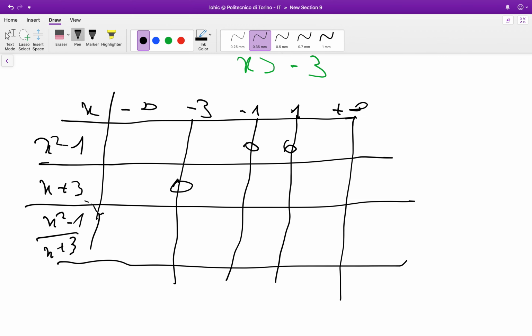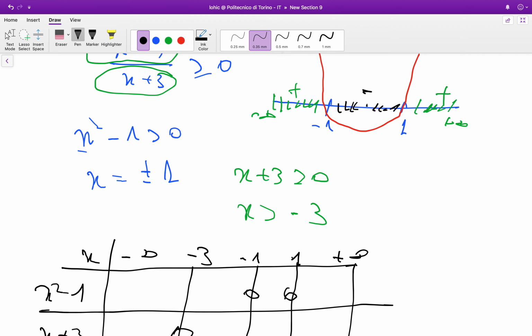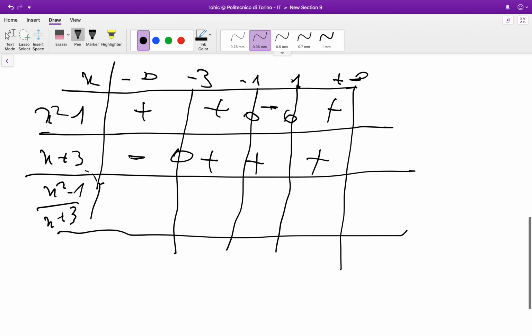I remind you that x squared minus 1 was positive here, negative between -1 and 1, then positive. X plus 3 is greater than 0 only when x is greater than -3. So here it's negative, then positive, positive, positive. Is that clear?